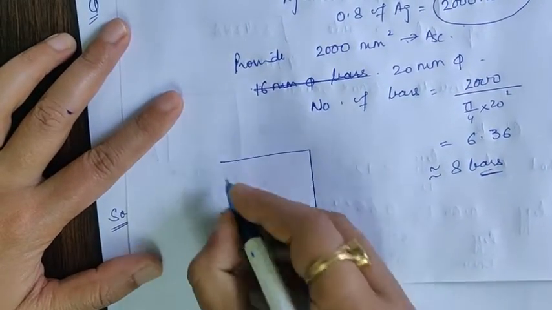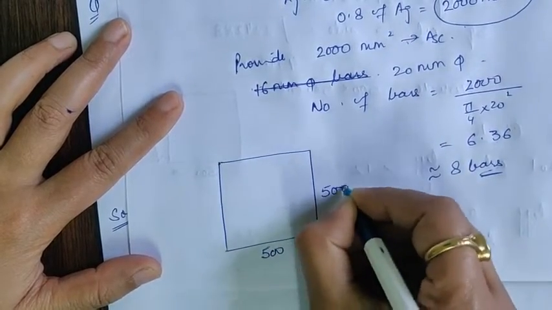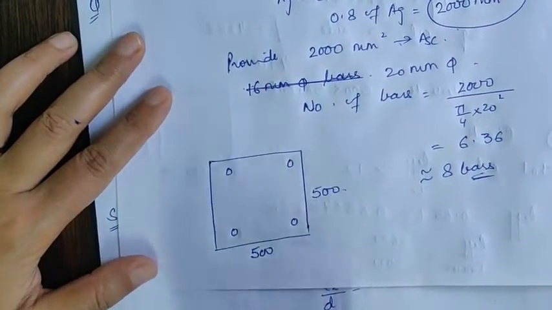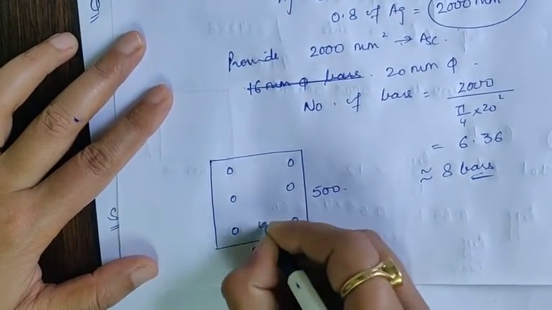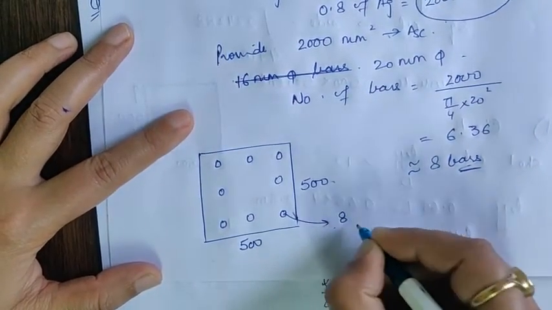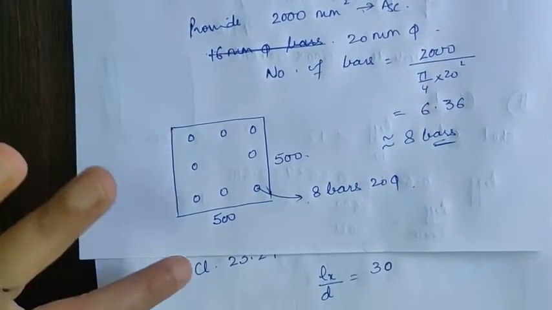How do we arrange those 8 bars? This is 500, this is 500. I will provide 4 bars at the periphery, then 4 bars like this. So we are going in for 8 bars, 20 dia. Is it okay?